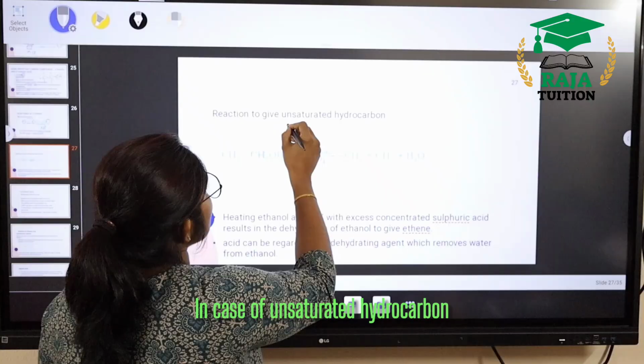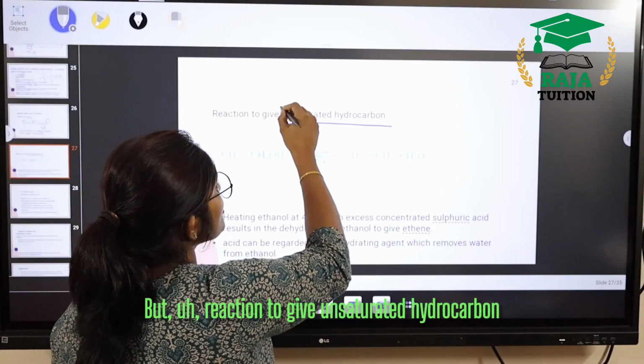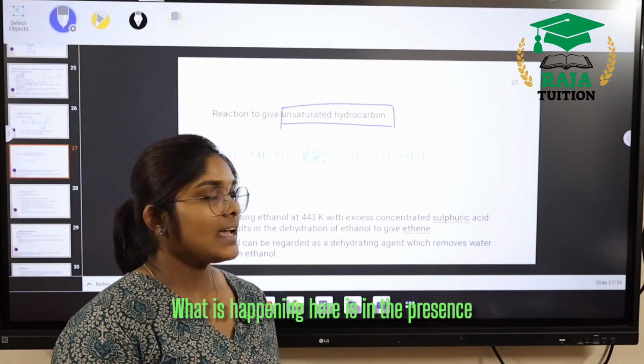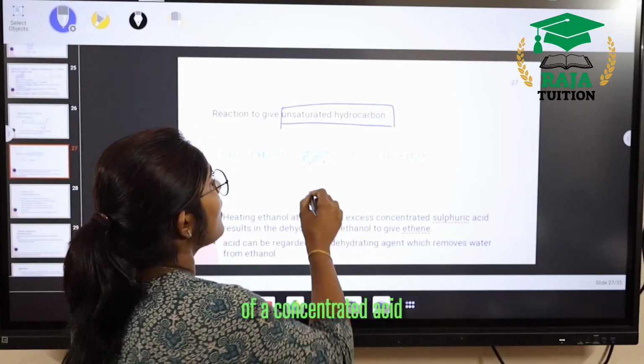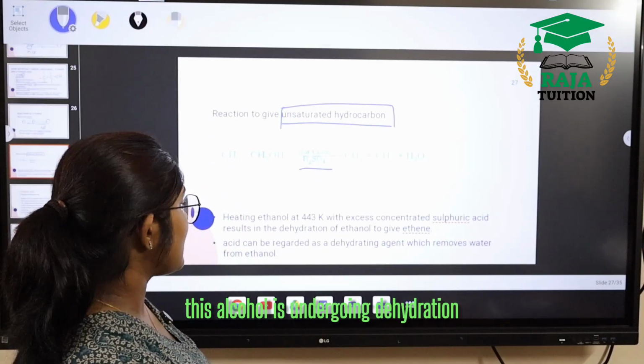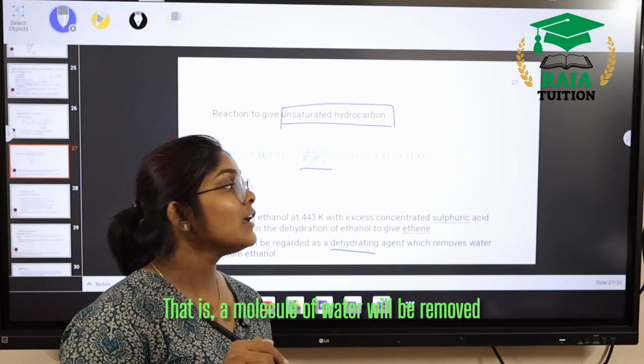In the case of unsaturated hydrocarbon, what will happen? What is happening here is, in the presence of concentrated acid, this alcohol undergoes dehydration. That is, a molecule of water will be removed.